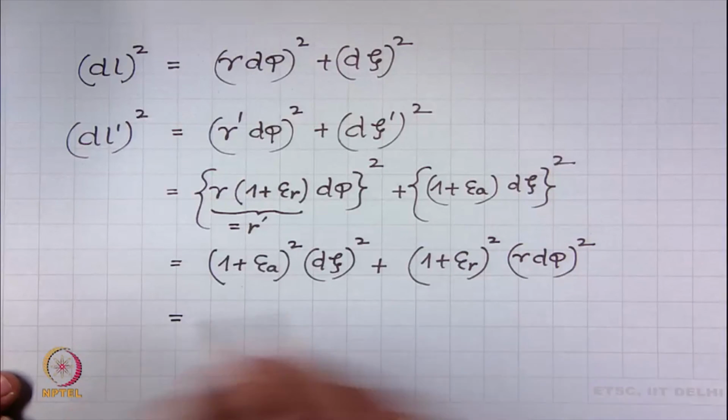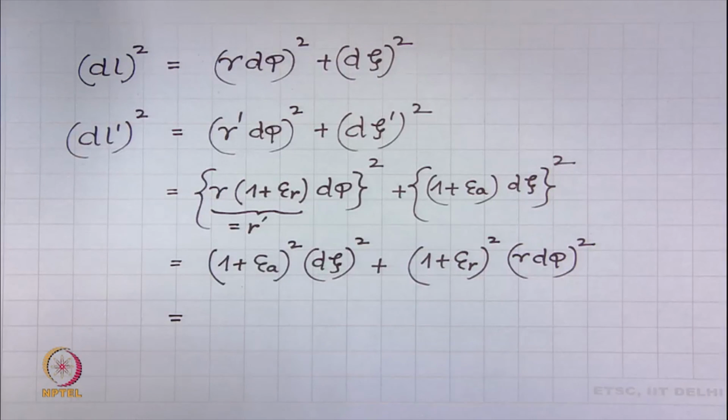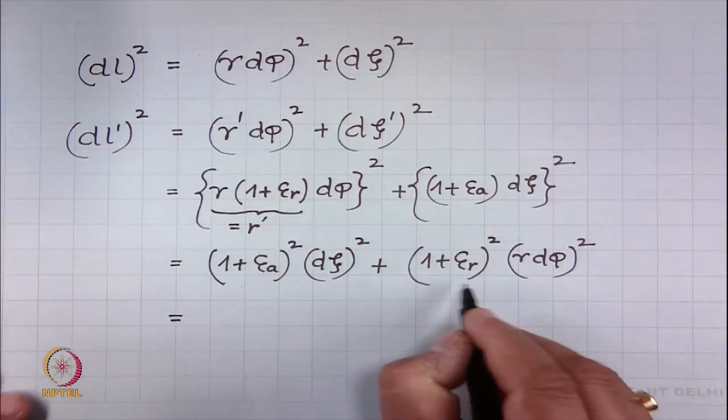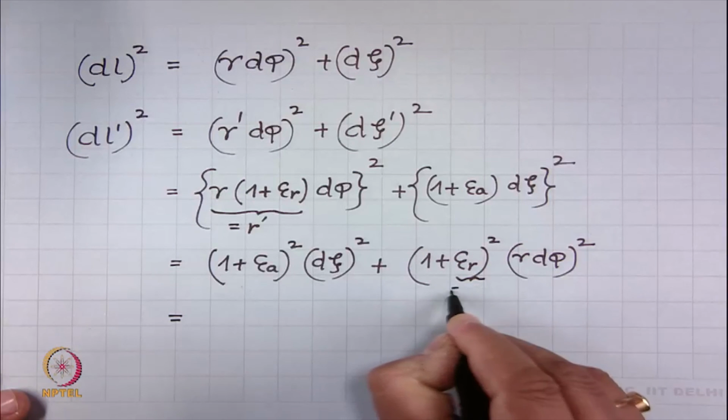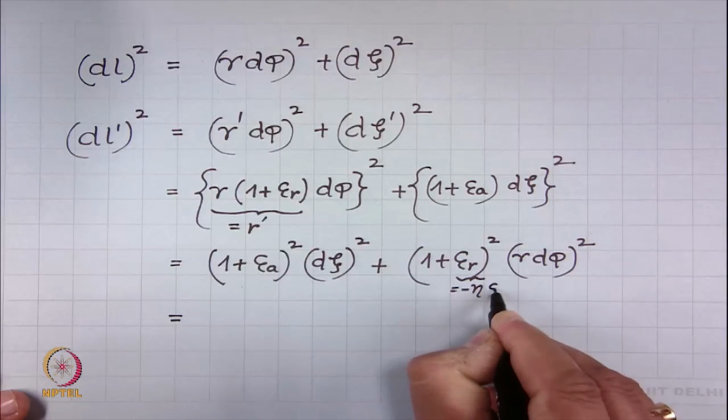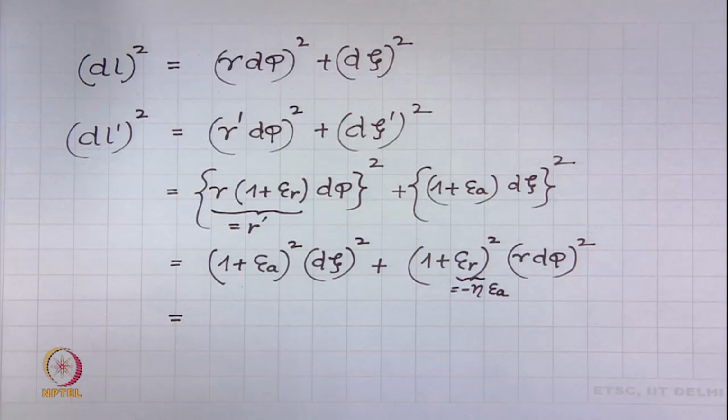Further, this epsilon r is equal to minus eta into epsilon a, definition of contraction ratio.